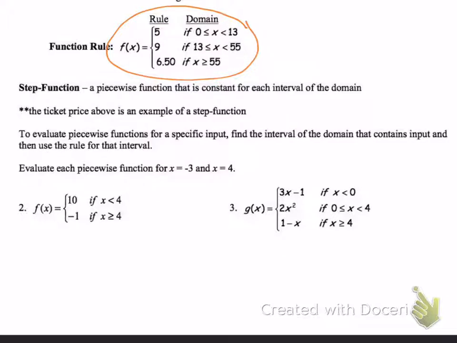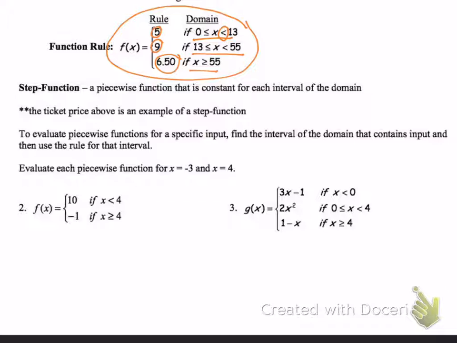If there's just a number right here, that just means y equals 5, 9, 6.50. These are called our domain restrictions. These are the x values that have this function. If I were to interpret this domain for the top one, it's from when you are born until you turn 13.